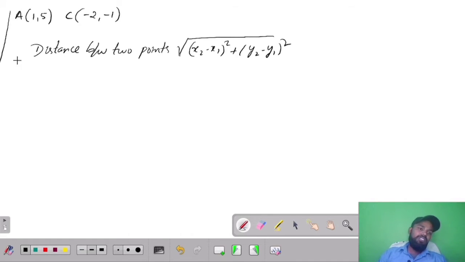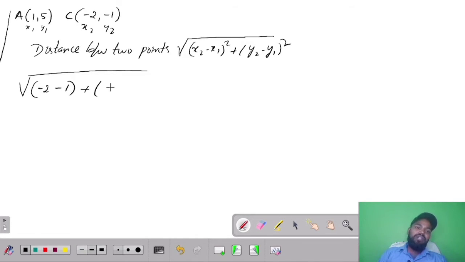Consider this as x1 y1 and x2 y2. So x2 value minus 2, x2 minus x1, what is x1? That is 1, and plus y2 minus y1, what is y1 here? 5 whole square.